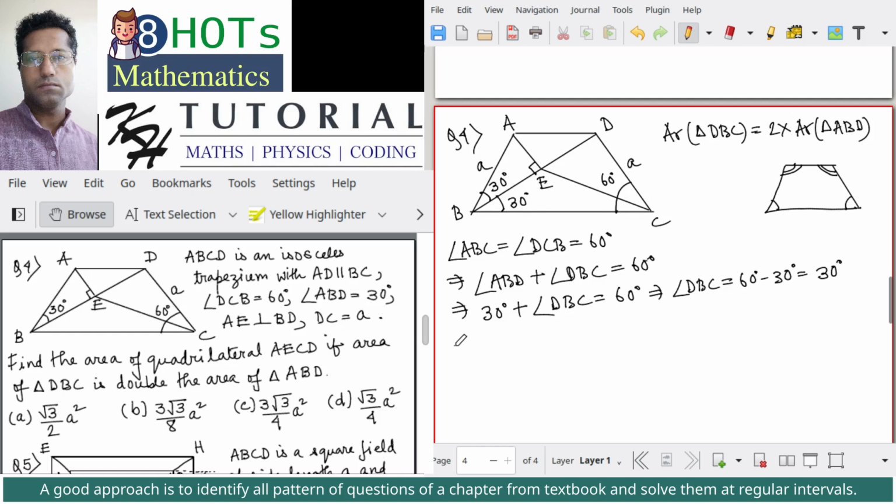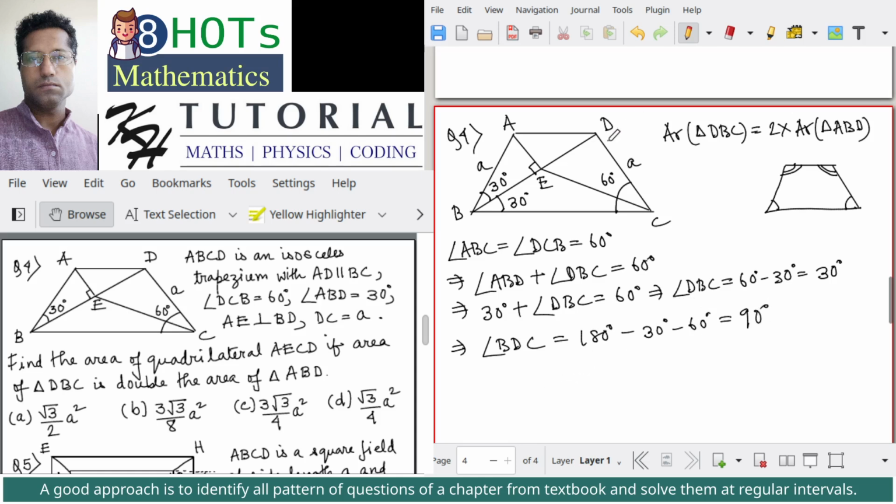Now what will be angle BDC? Since the sum of the angles in a triangle is 180 degrees, angle BDC will be equal to 180 degrees minus 30 degrees minus 60 degrees, which comes out to be 90 degrees.